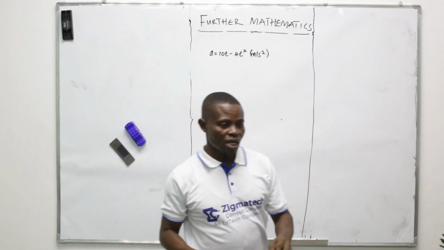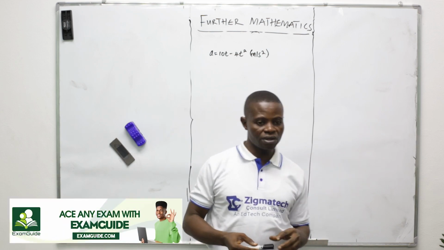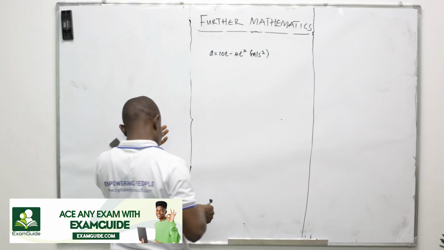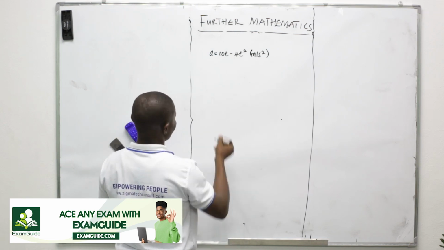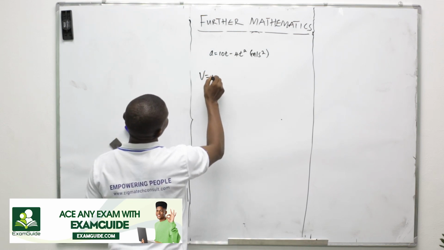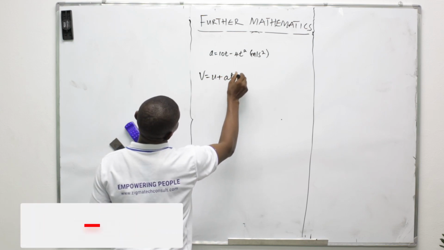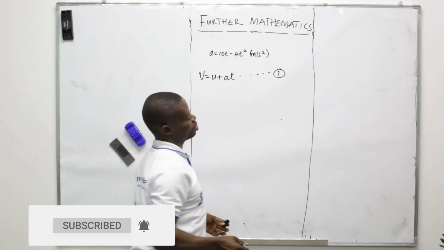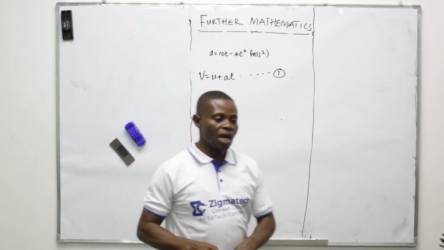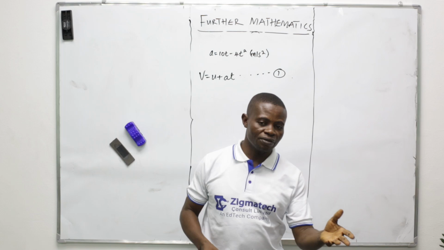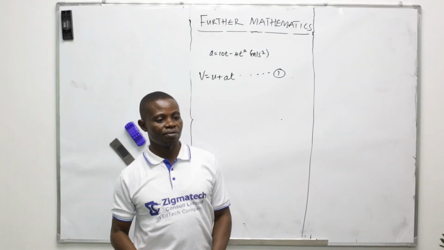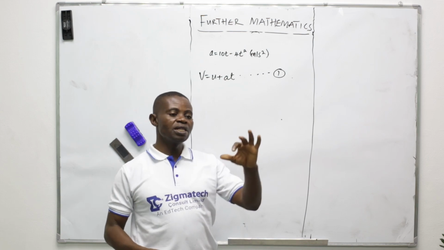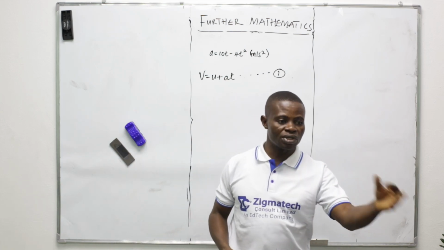Now, find the velocity. From equations of motion, recall that V equals U plus AT. This is equation 1 of motion. Now, ask yourself, what are you looking for? We are looking for just a velocity, meaning the initial velocity is what? 0.